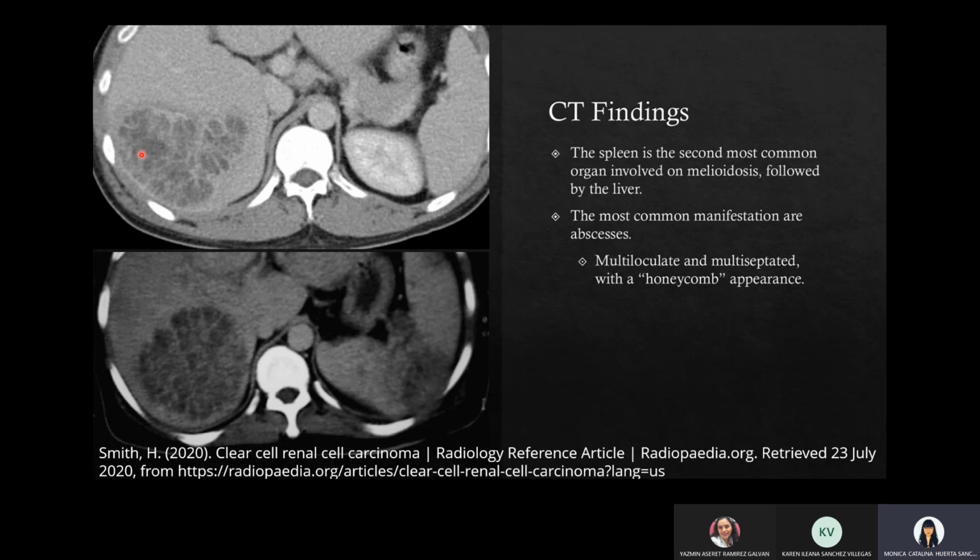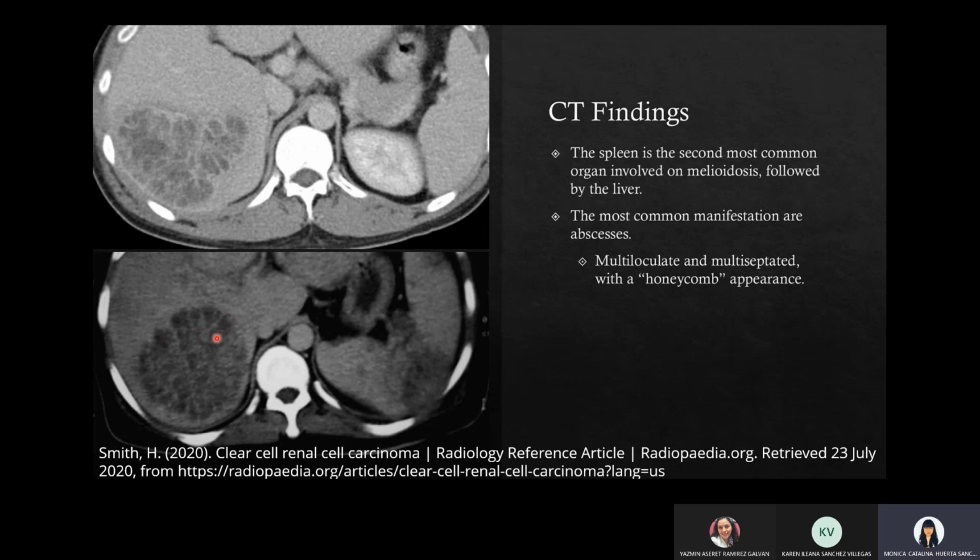And as we can see in these two images of a contrast-enhanced CT scan in venous phase, we can see a very large, well-defined lesion that is heterogeneous, that has some enhancement in its interior, but does not enhance in some part of it.